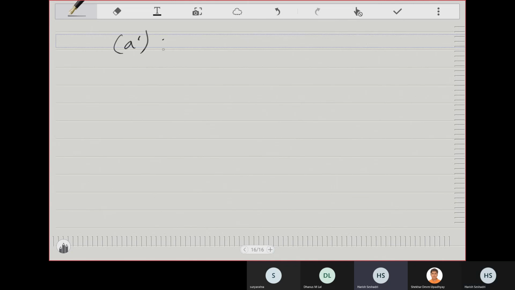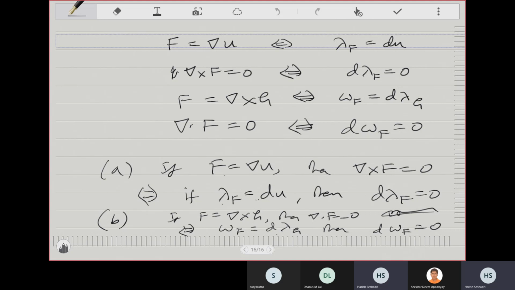A prime. The converse would be saying, for example for the first one, that if the curl is 0, then it's a gradient. That would be the same thing as saying that if d lambda f is 0, then lambda f is equal to du. But that is precisely what we know; I just quoted it, I didn't prove it.